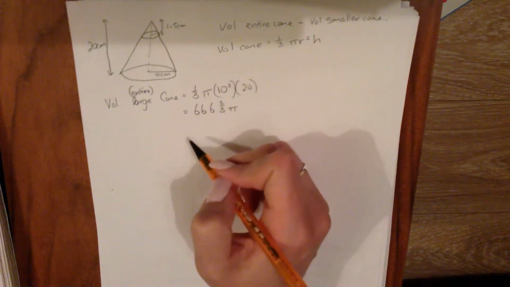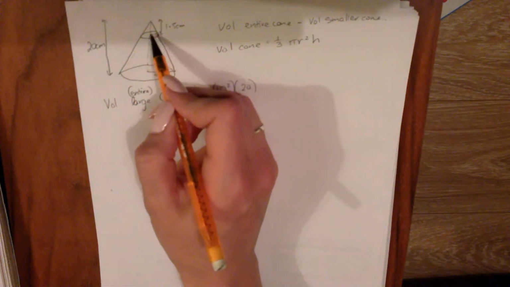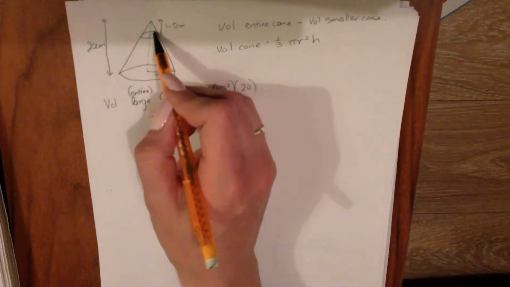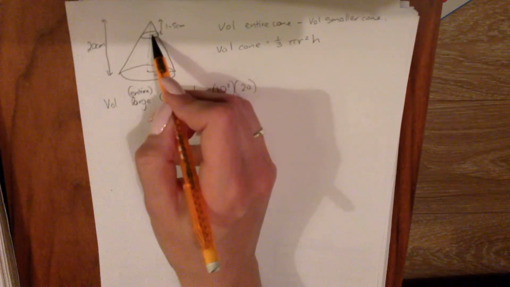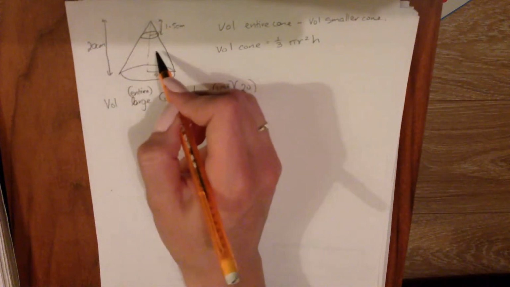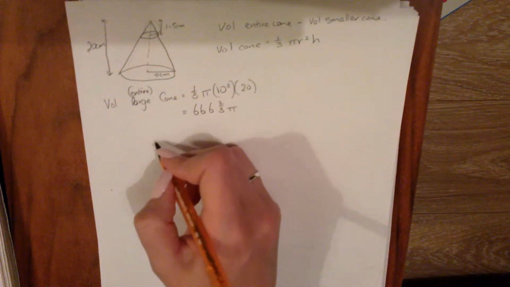Now for the smaller cone, we have a problem because although we know what the perpendicular height is, we don't know what the radius is of the smaller cone. So what we're going to do is take a little peep at the triangles that are created inside it.